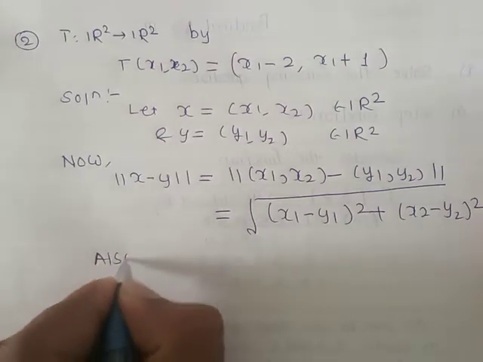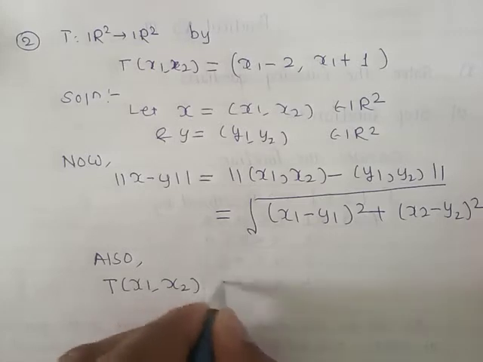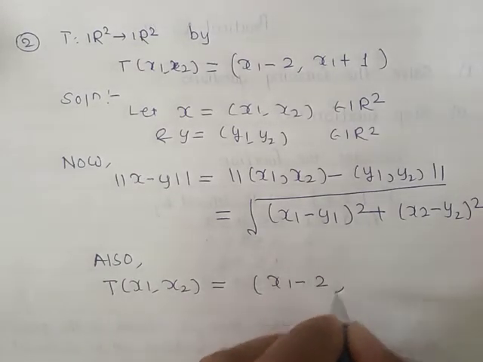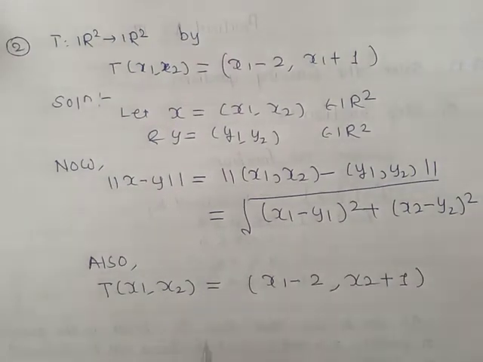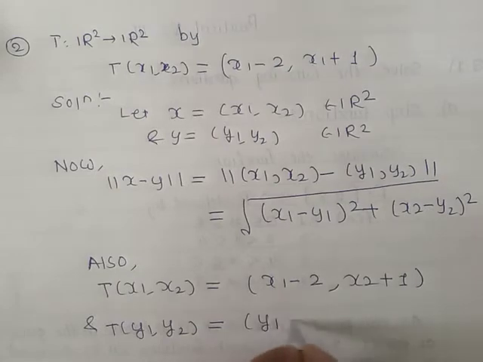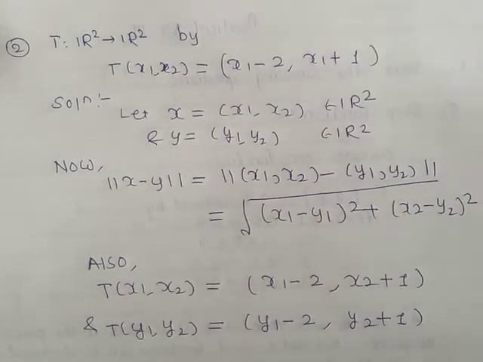Also T of x1 comma x2 is equal to x1 minus 2 comma x2 plus 1 and T of y1 comma y2 is equal to y1 minus 2 comma y2 plus 1.